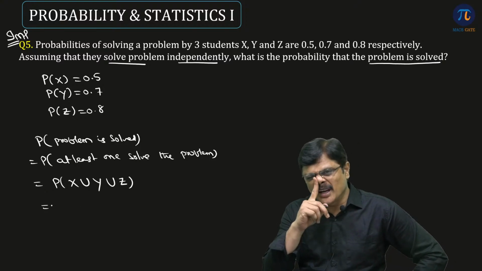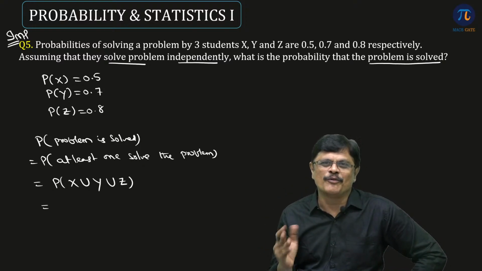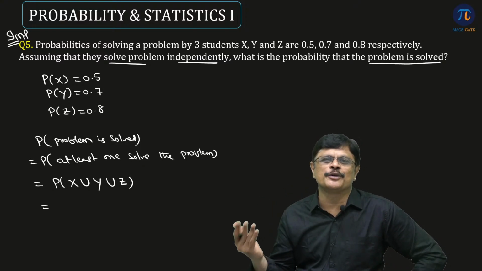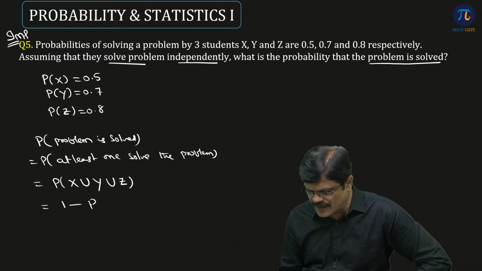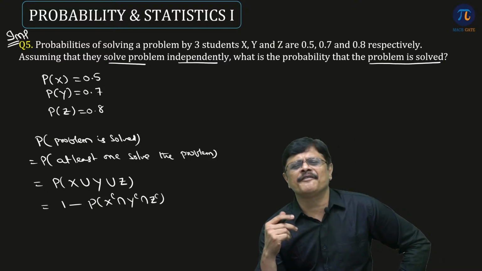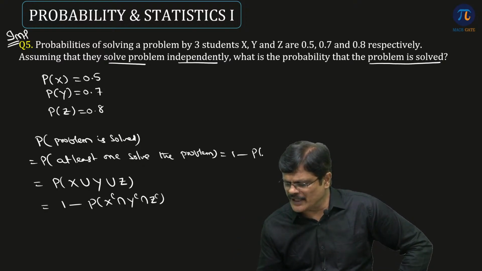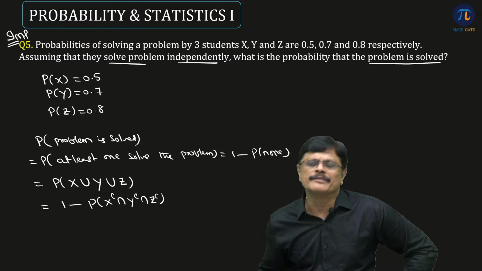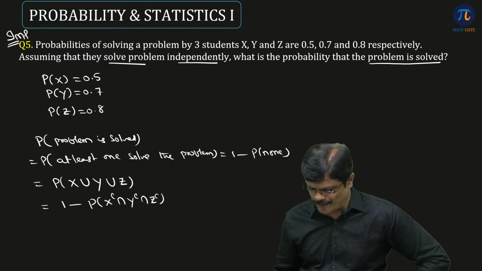The probability of X complement intersection Y complement intersection Z complement is 1 minus the probability of X union Y union Z. So the probability of X union Y union Z is 1 minus the probability that neither X, nor Y, nor Z solved. That is, the probability of at least one solving is 1 minus the probability that none solved the problem. None is X complement intersection Y complement intersection Z complement.